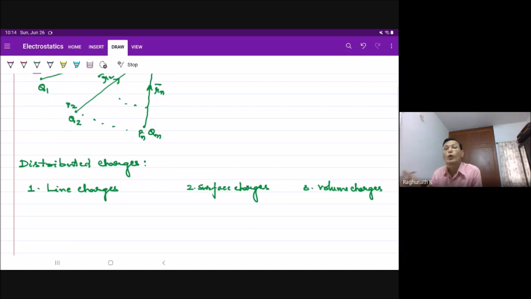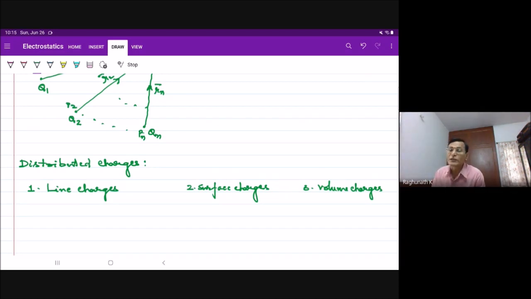Any of these distributed charges of finite dimensions that we can see contain infinitely many, uncountably infinitely many point charges. Any line charge is composed of infinitely many, infinitesimally small differential line charges.